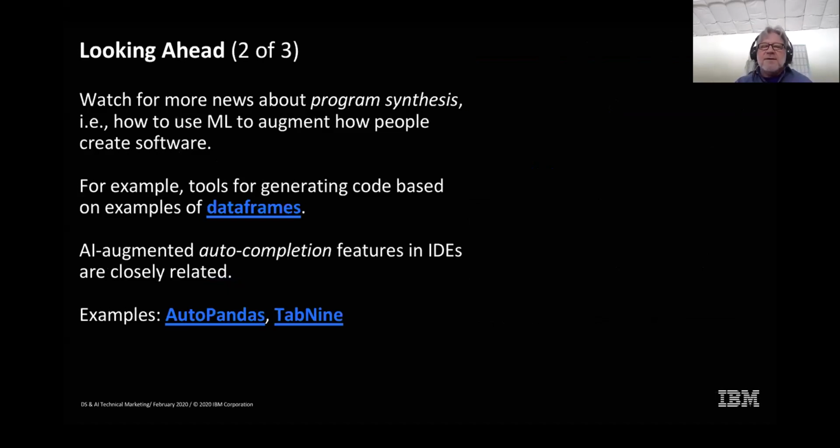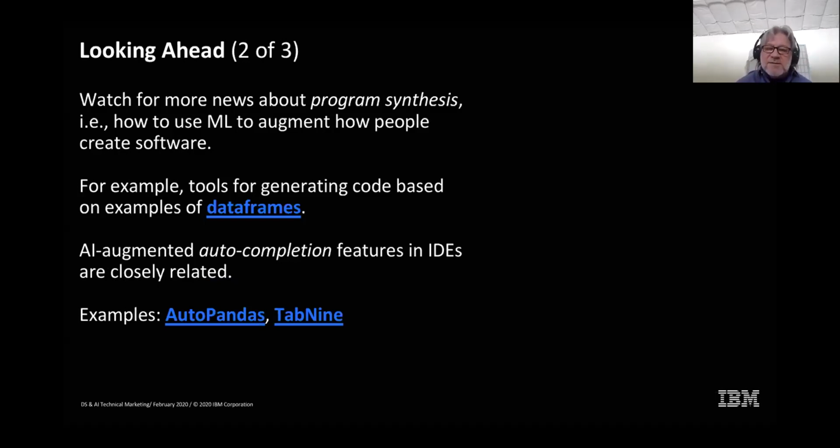Another thing that is really fascinating is to see where machine learning helps automate the process of creating software, including creating machine learning applications. For one example, I would definitely cite AutoPandas, where you can take input data in a data frame, specify a goal of how you want to reshape that data for a use case, and then it will automatically generate the code to get there.